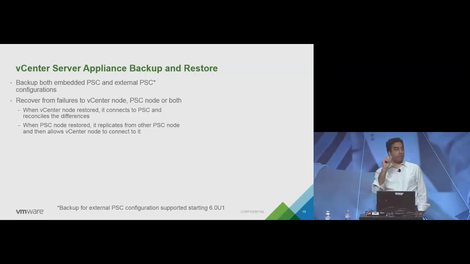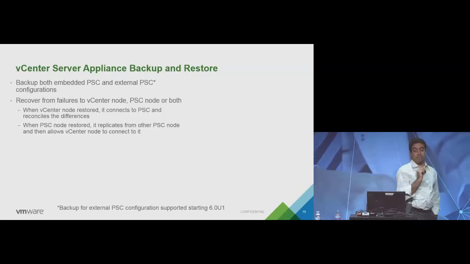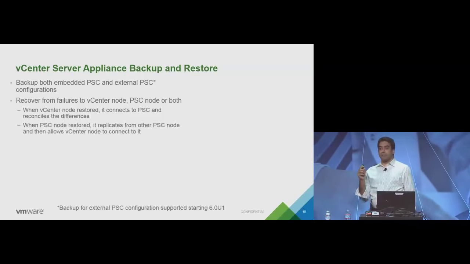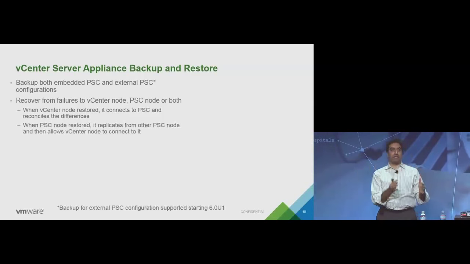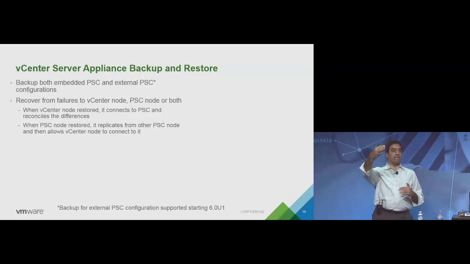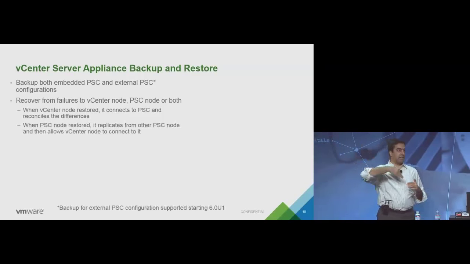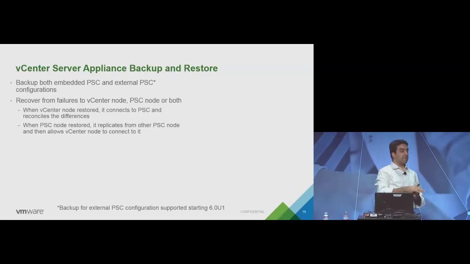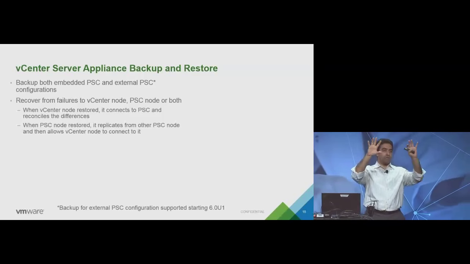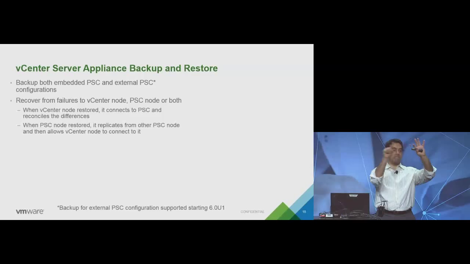And let's go over what happens when you recover, right? In case of a vCenter node recovery, so a new vCenter node is recovered from backup, we automatically connect it to the PSC that was already running. So that will just work out of box, right? What happens when PSC fails? Generally, we have two SSO nodes or two PSCs replicating with each other.